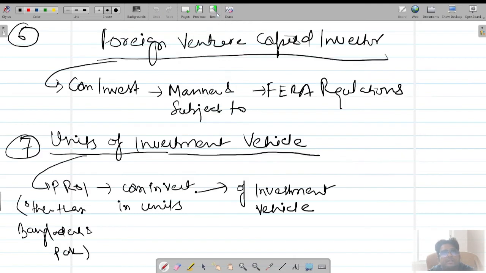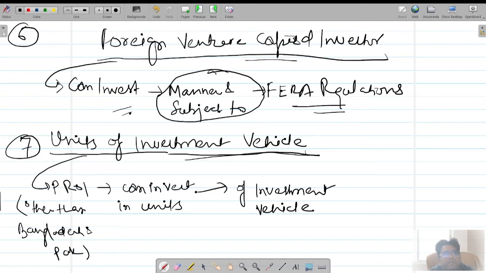Next, the foreign venture capital investor. Can a venture capital investor invest in India? Yes, they can invest, but they have to comply with FEMA regulations. After complying with FEMA regulations, they can invest. Now, the investment vehicle. There are certain special purpose vehicles made in India, for example for the DMRC project or the Mumbai Metro project.